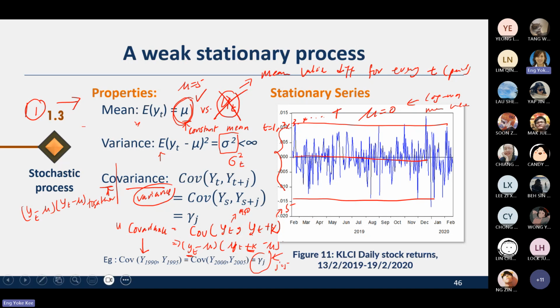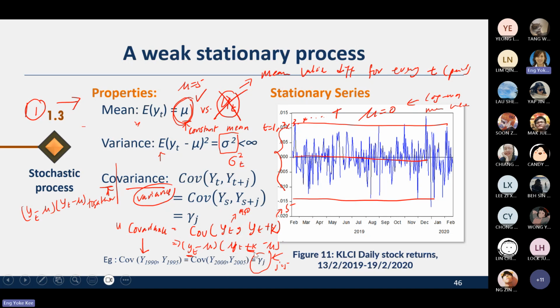Okay, so for every covariance, right? So 5 years time. So the covariance between this value and 5 years later, let's say it's equal to a constant number, let's say 8. So I change this to 2000, 2005, 2005 to 2010.